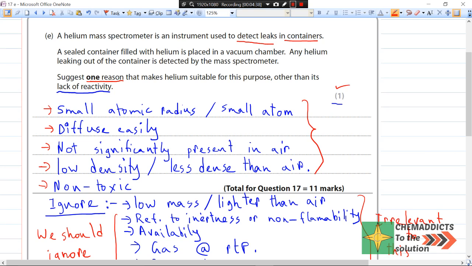Since it is small, it can escape through the leak easily. So helium has a small atomic radius or small atom, and this should be the answer.